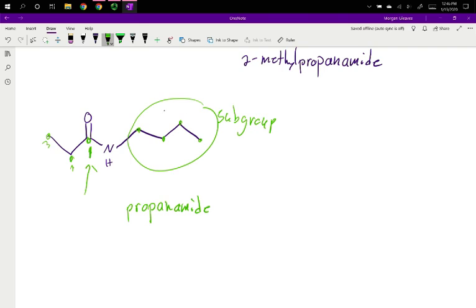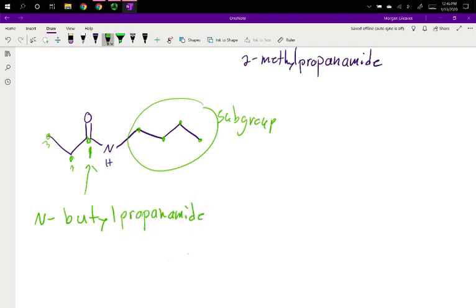That is true in an amide. This is a 4-carbon subgroup on the nitrogen. So the naming says, hey, on the nitrogen is a butyl. This is an N-butylpropanamide, and there's no space between the butyl and the propanamide.